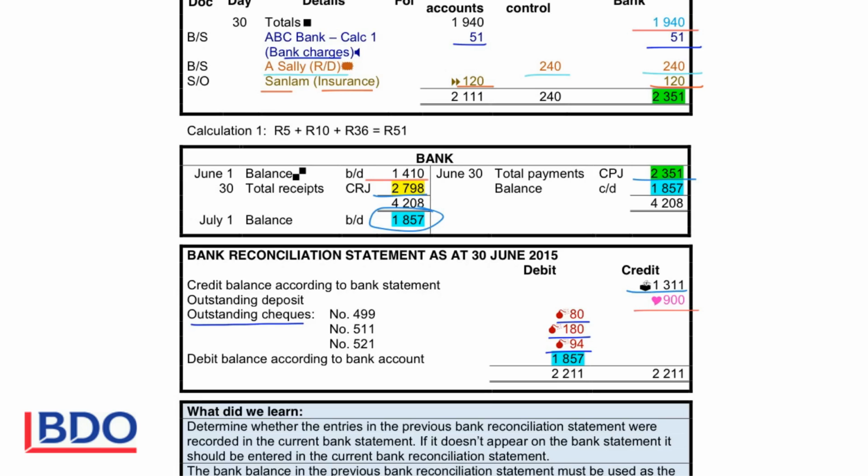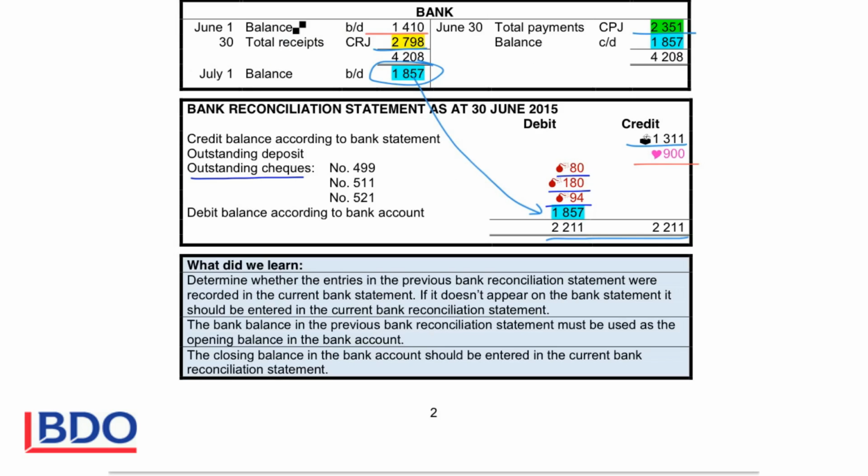If the balance is on the debit side in the bank account, it will appear on the debit side of my bank reconciliation statement. If all the errors were corrected and all the omissions were completed, then these two totals should be the same, otherwise there's still a mistake.